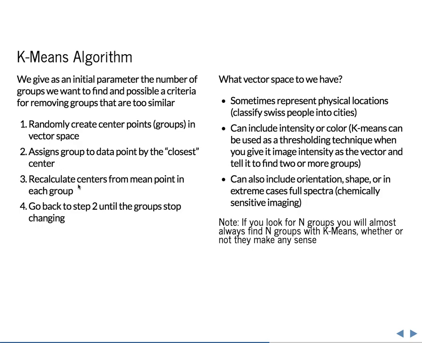You then redefine that group by the center point of all the people inside it. And so you would take each one of these groups, update the center, and then go back to the beginning and reassign people to groups based on what center they're closest to. So if you picked 10 people in this room and then tried to map all of Switzerland to it, that would be kind of a mess because your initial groupings would be horrible.